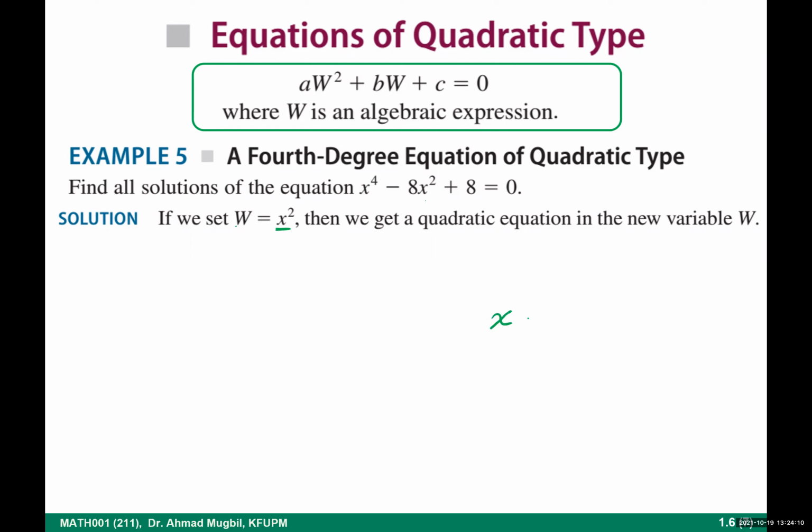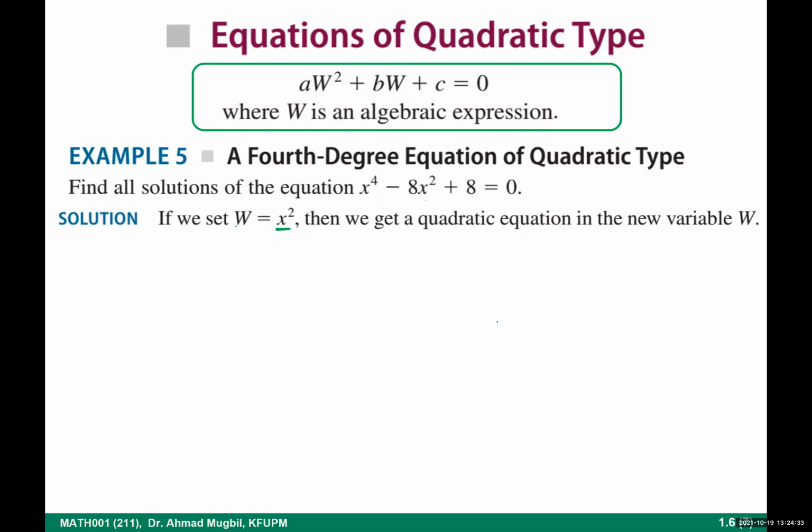I have noticed some students say, let x equal x squared. What is that? This is not a substitution. You are explaining water by water. This is not the right way. Use any letter other than x for a substitution.